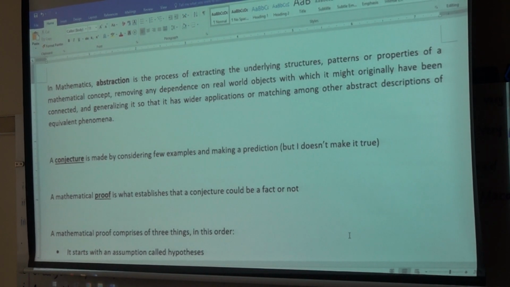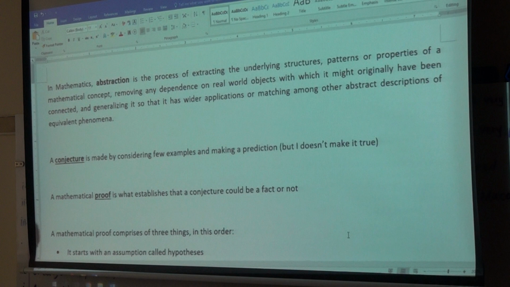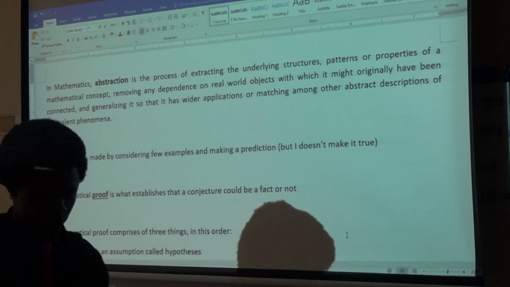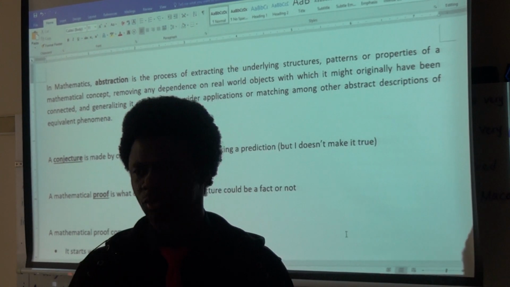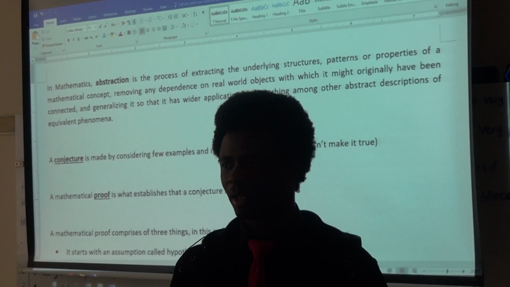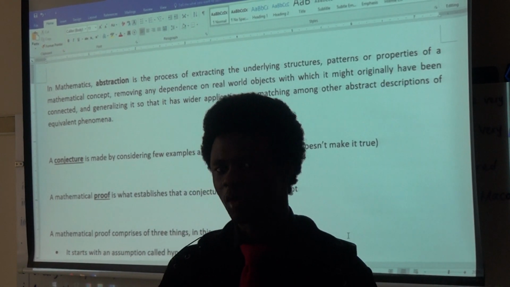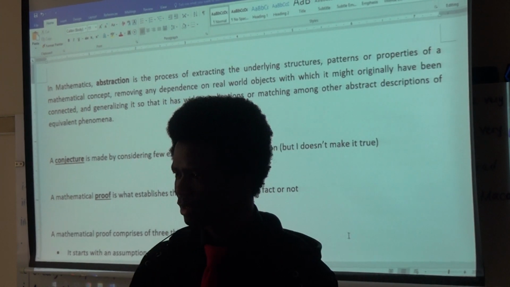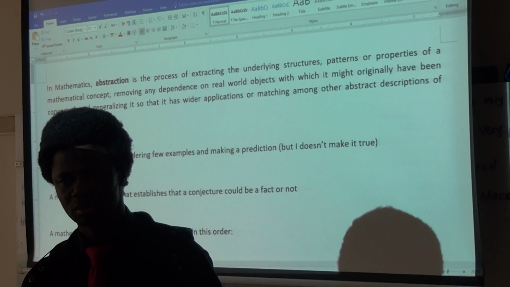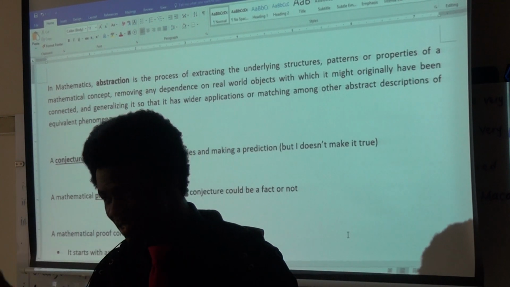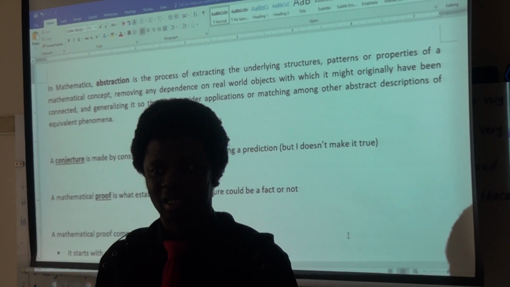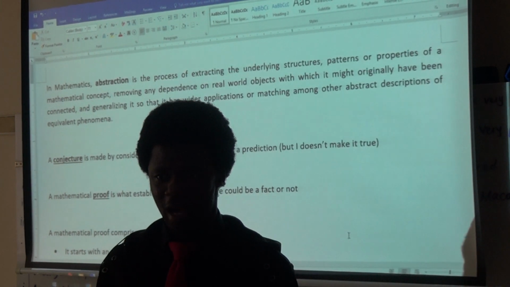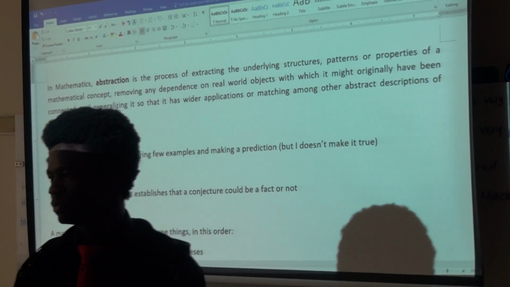You are talking about the sum of three consecutive numbers being divisible by 3. We are not asking you to pick 3, 4, and 5, add them together, and check if it is divisible by 3. We want you to put that statement in the form of an abstract, use letters which can represent anything, and see if that statement is true.